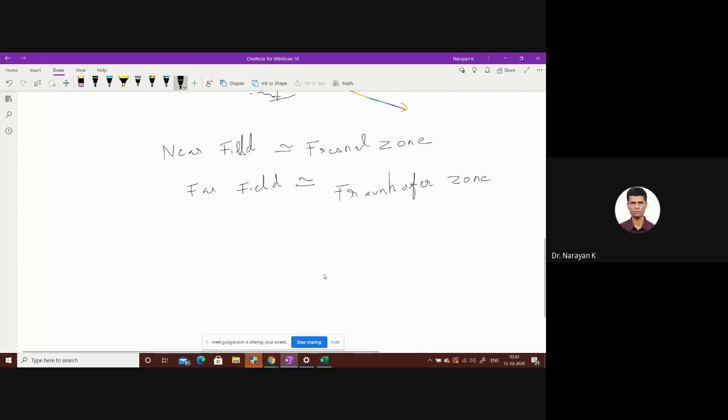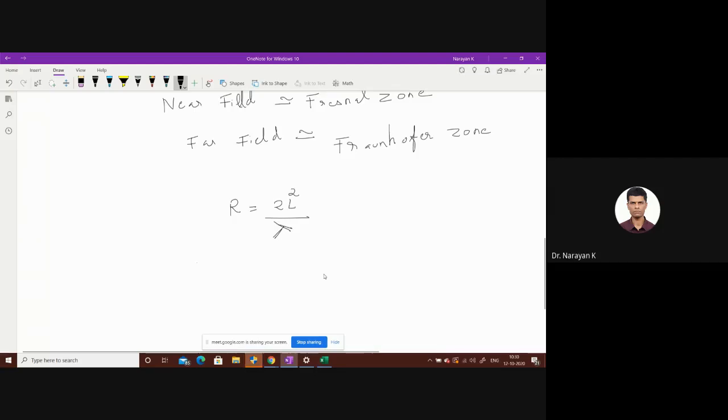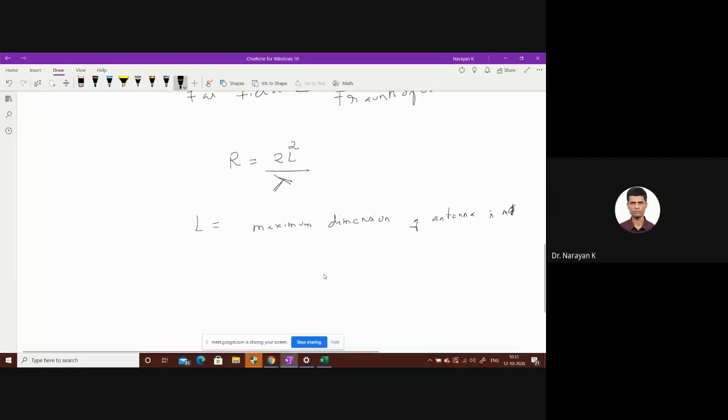Next point is, the boundary between the two regions may be taken as R is equal to 2L square by lambda, where L is the maximum dimension of the antenna in meters, and lambda is the wavelength of the antenna.